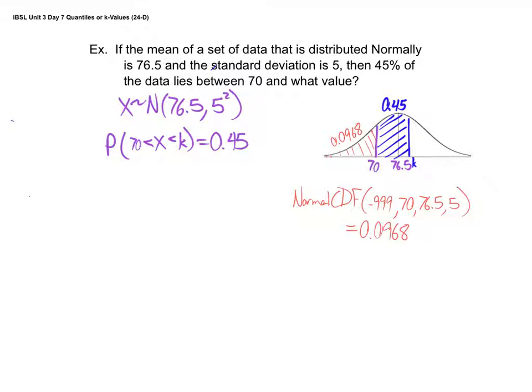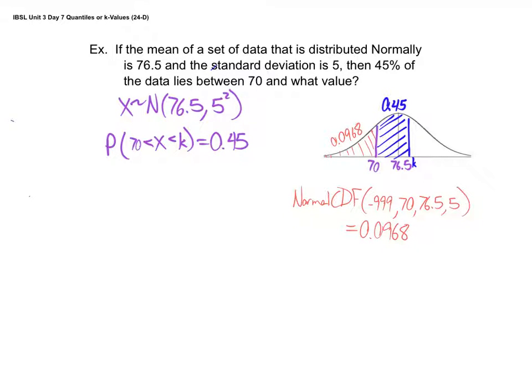Normal CDF is when you know the values, but you want the area. Inverse norm, think it's an inverse for a reason, is when you know the area, you want to find the value. Oh, so it's like inverse normal CDF, basically. Yeah, kind of like that. Now you use inverse norm, right?